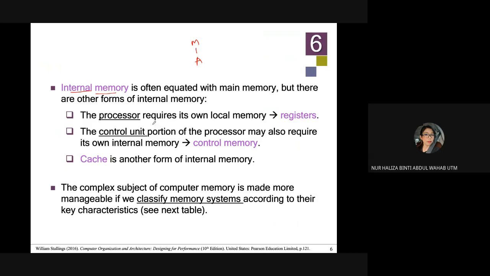That's why I mentioned to you last time, maybe you only knew about RAM and ROM. Now you go deeper and deeper, you find out there are many others that you did not know. Your internal memory is often equated with your main memory, but there are other forms of internal memory also.